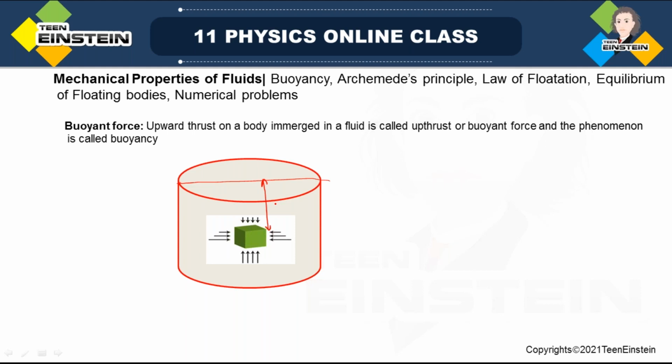Suppose the depth is H1. The pressure which the top surface of this object experiences is due to the water column of height H1. If we know the densities, we can find out the pressure on this surface: H1 rho G.